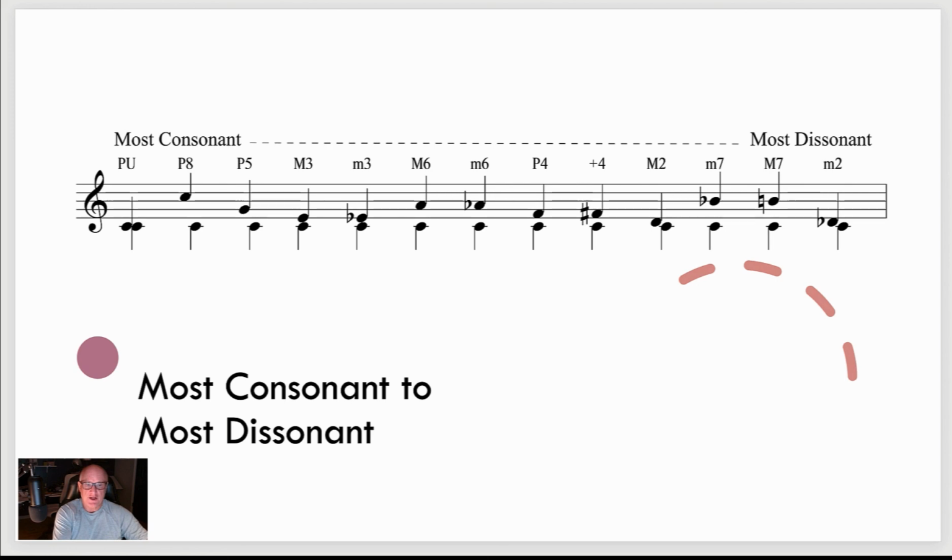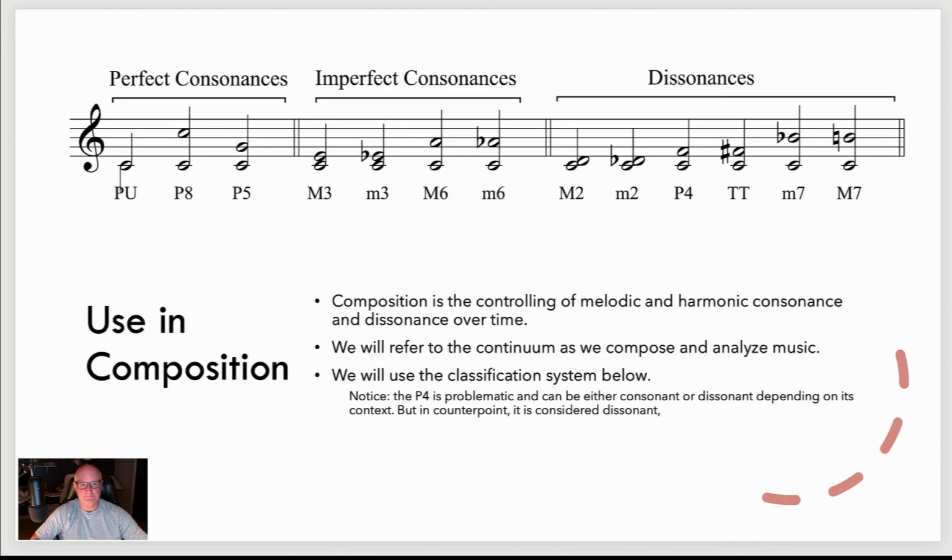So play those. It's kind of fun because you get that very dissonant one at the end. We're going to use this as composers and when we analyze music. So we have this further classification. The perfect consonances are perfect unison, perfect octave, and perfect fifth. The imperfect consonances are the major and minor thirds and sixths.